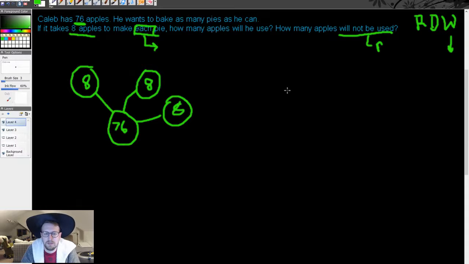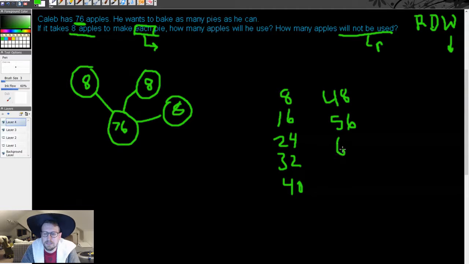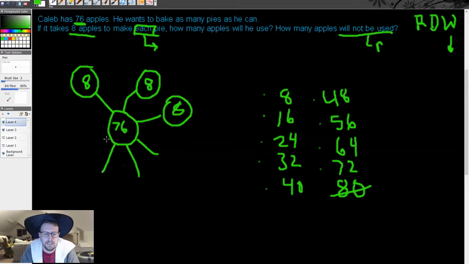I can even write my multiples list over here to help me with this. 8, 16, 24, 32, 40, 48, 56, 64, 72, and 80. Whoops. All right, so that's too far. I can't do that. But I can make 1, 2, 3, 4, 5, 6, 7, 8, 9 pies. So 1, 2, 3, 4, 5, 6, 7, 8, and 9, all with 8 in them.